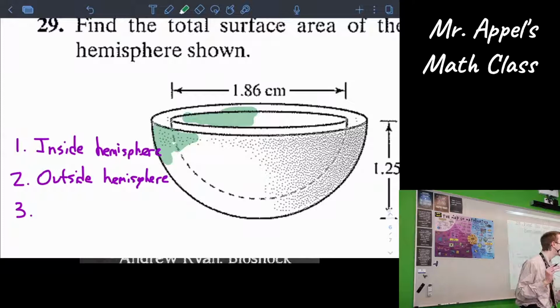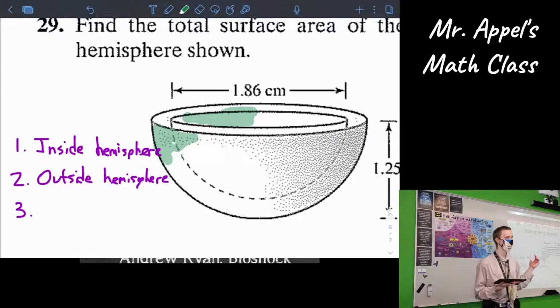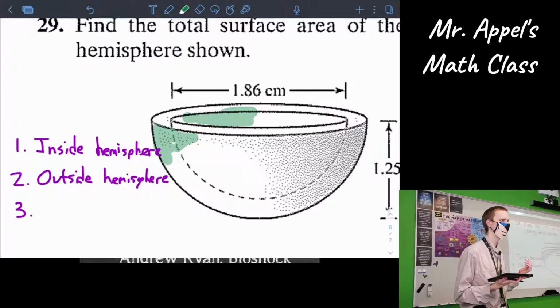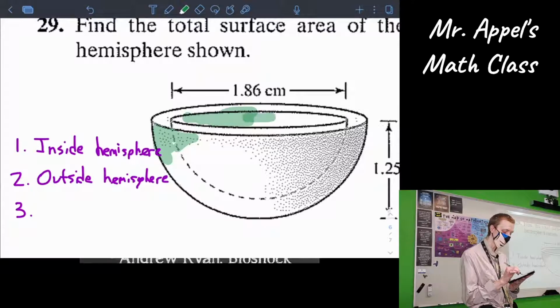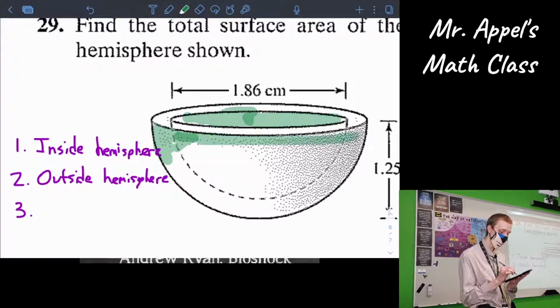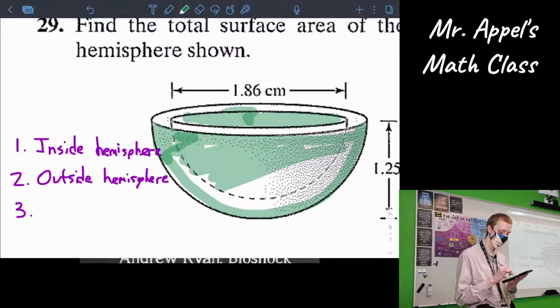Do you see it? What part have we skipped? You want me to actually color the whole thing? Okay, I'll color the whole thing. Go all the way to the inside and all the outside. What part is still not colored yet?